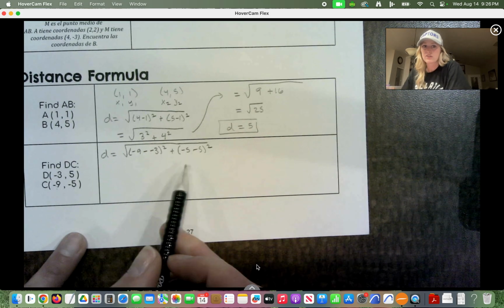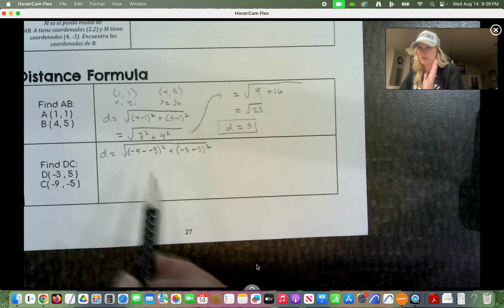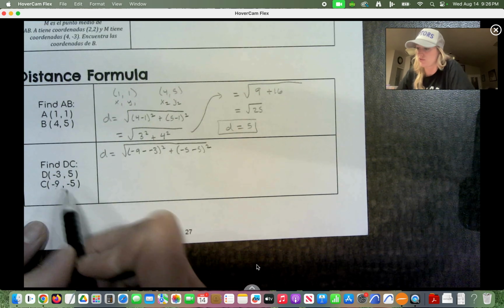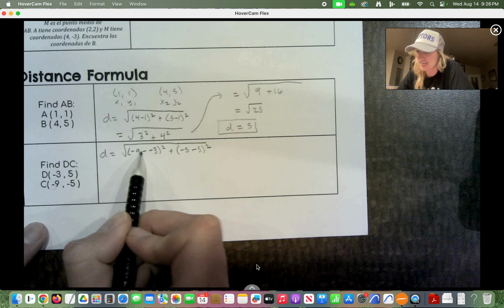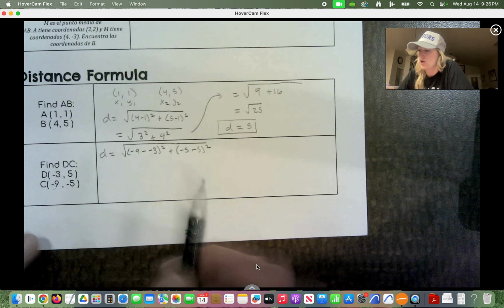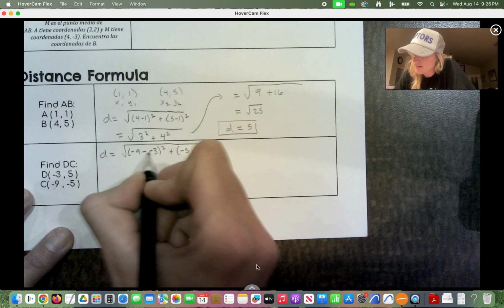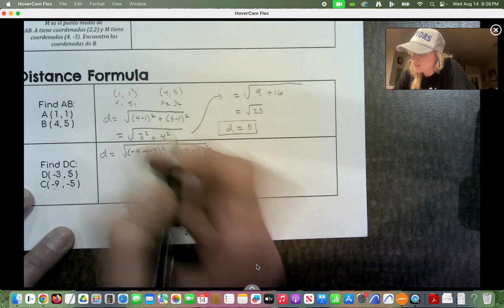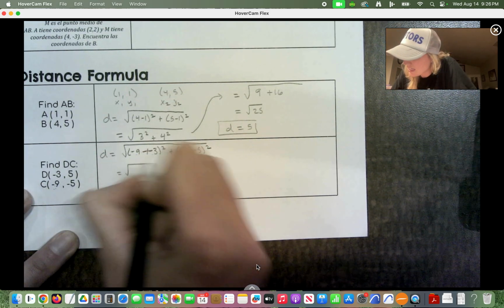Okay, it's easy to lose track of the minus and negatives. It helps just to say it, I think, so that you make sure you write each one down. So this was x2 minus and then x1. Okay, so whenever I have the double negative next to each other though, right, it becomes addition. So negative 9 plus 3 is negative 6.